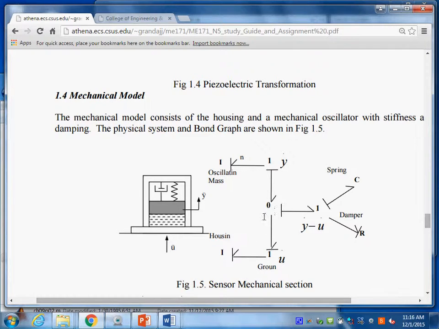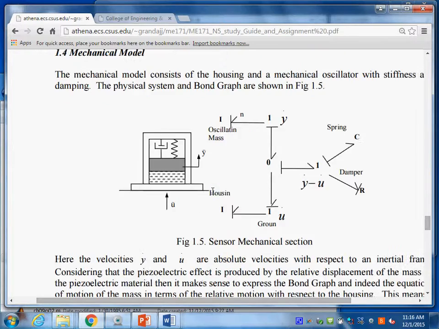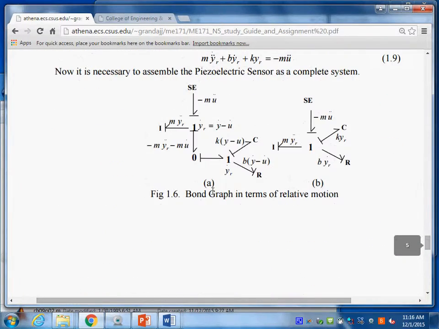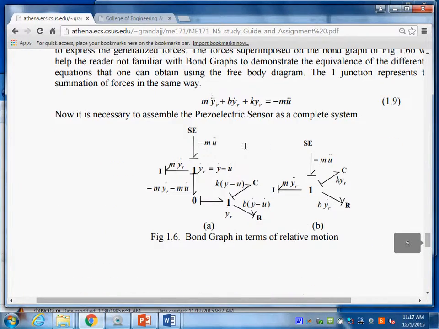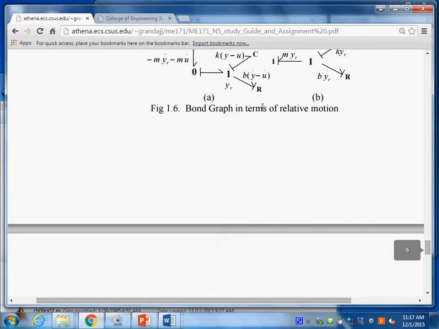So here you have the bond graph model of the mechanical side. Here was an attempt to reduce the bond graph model, and in the write-up there is also a proof of how this bond graph model relates to the block diagram method, by the differential equation.